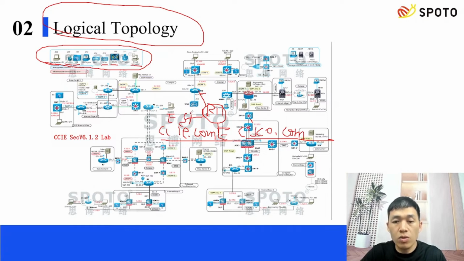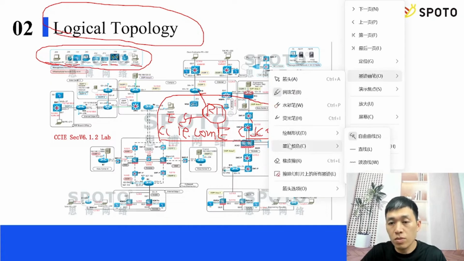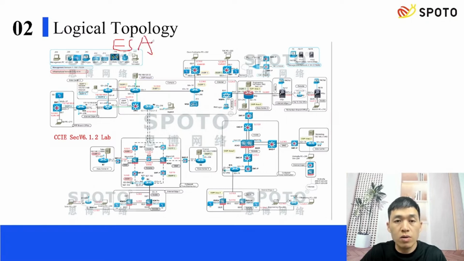Okay, but now in the new version they have removed this info from the last version. Also here, the email security appliance has been removed as well. Okay, it used to be here.